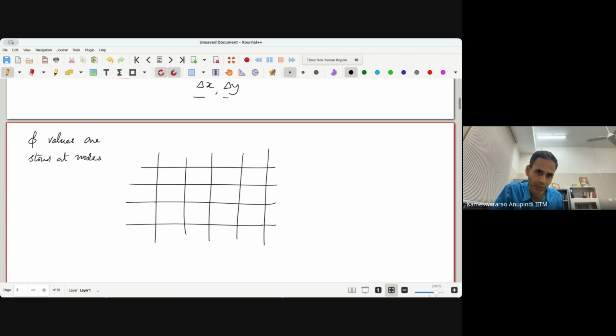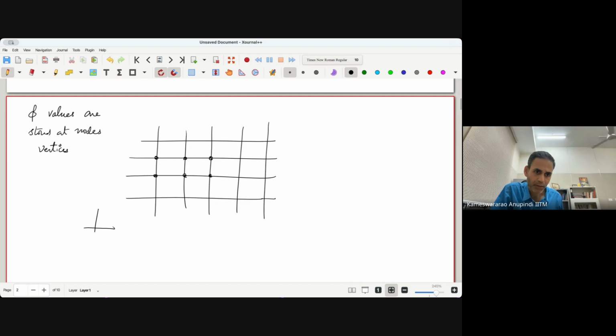That means we are storing the phi values here. This is where we are storing. That is our grid, and these are the values we are storing. Nodes are vertices.